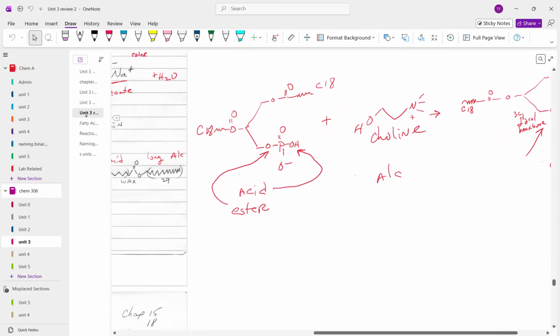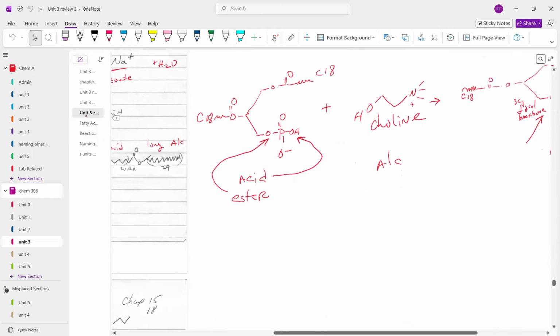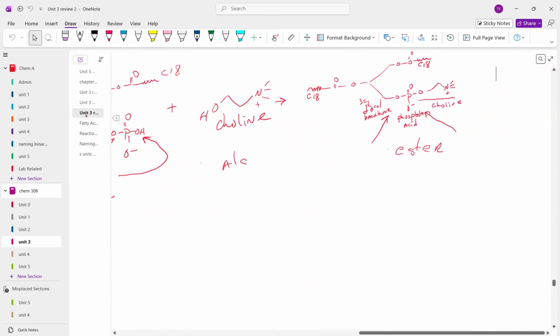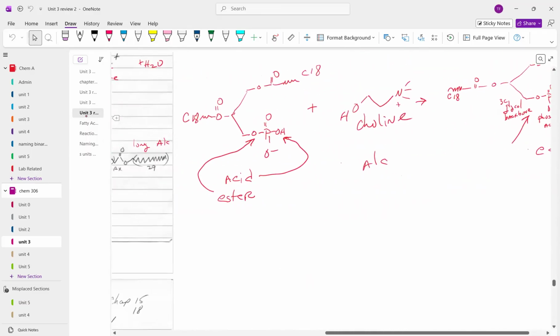this is the reaction to create lecithin. We start with the phosphoric acid version of the fatty acid on the glycerol backbone. Then we throw in an alcohol, choline, and then this guy, that's where the ester is formed.